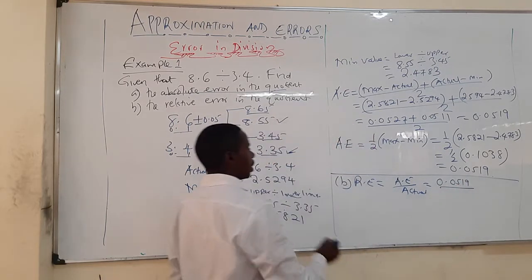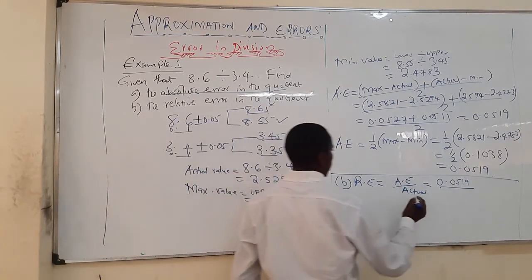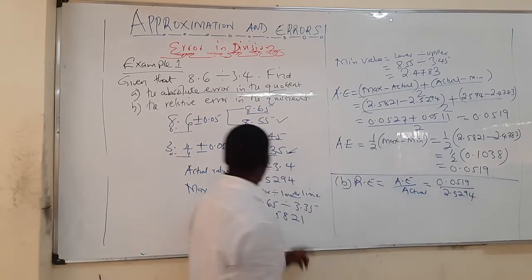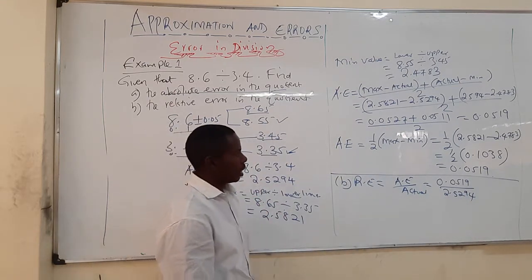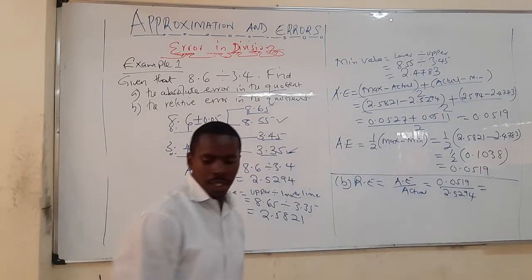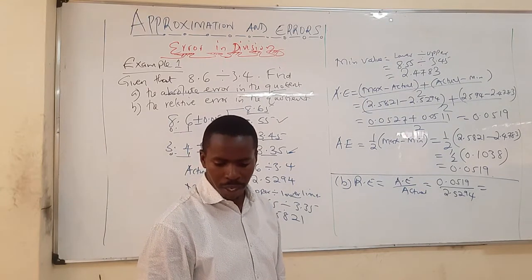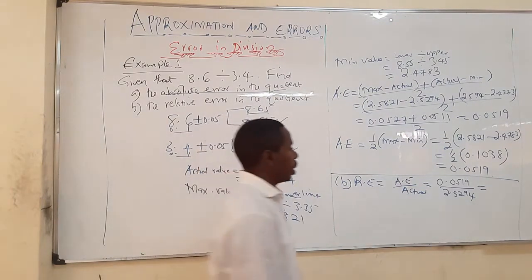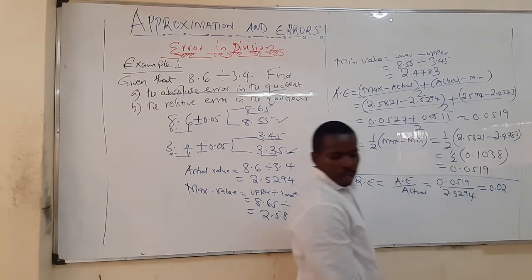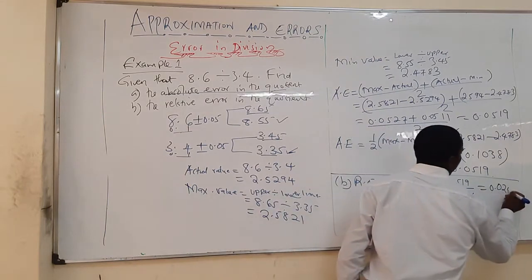We divide by the actual value, which is 2.5294. When we divide, we get the relative error, and that value is 0.0205.